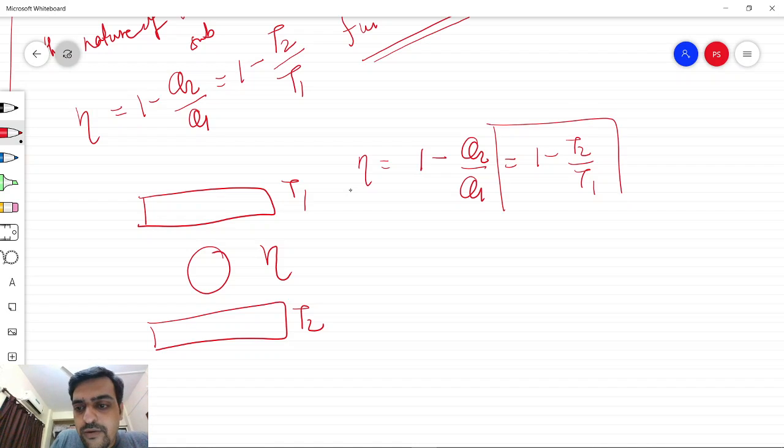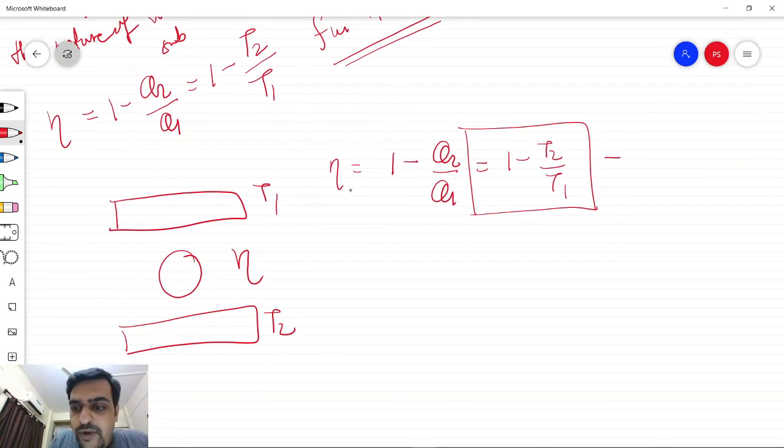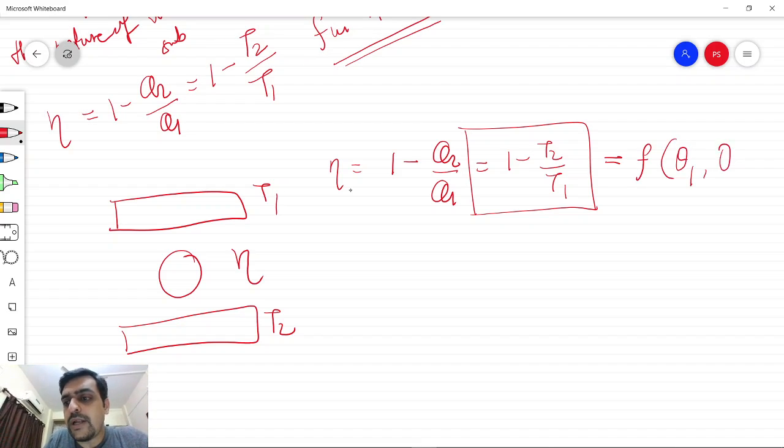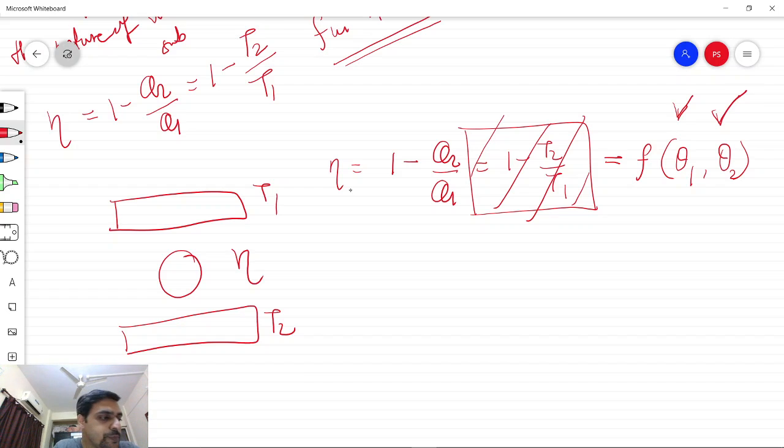This part we have proved, but let us for the discussion say that this is a function of some two temperatures theta 1 and theta 2. We do not know the exact form of the expression, but efficiency is going to be a function of the source temperature, say theta 1, and sink temperature theta 2.